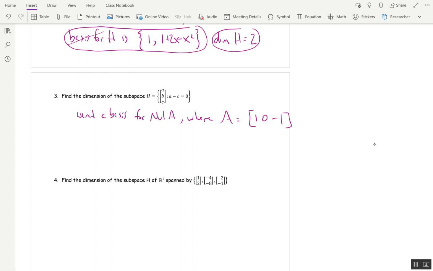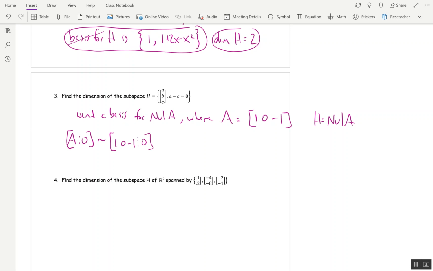Because in this case, by definition, H is null A. Null A is the set of vectors that gets set to 0 by that matrix. So we're going to augment A with 0 and reduce. Of course, there'll be nothing to reduce. 1, 0, negative 1, augmented with 0.